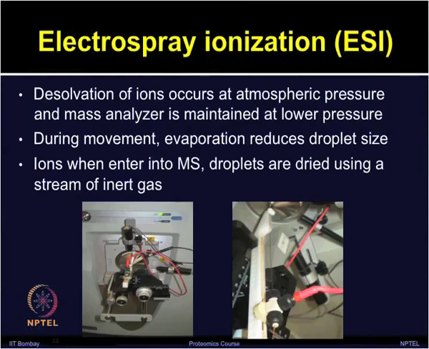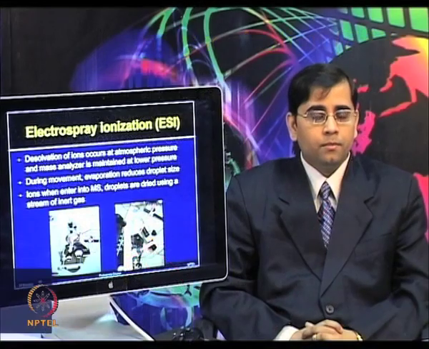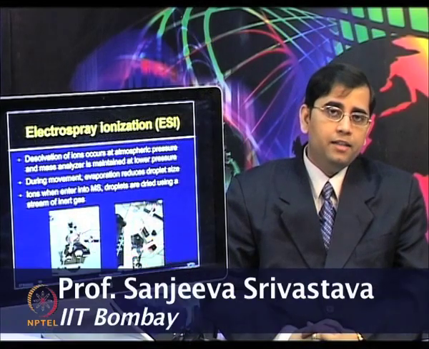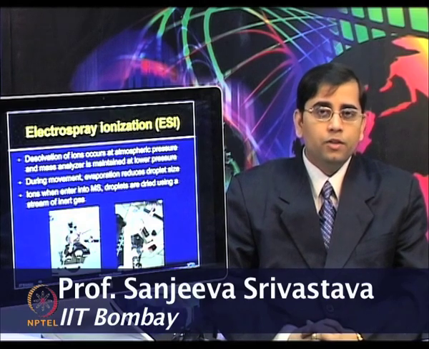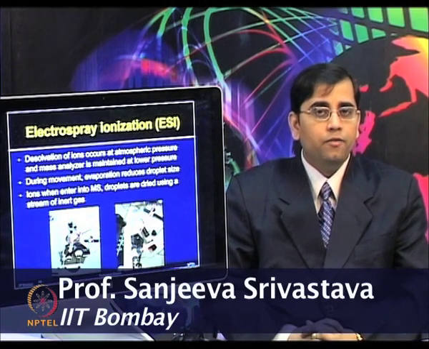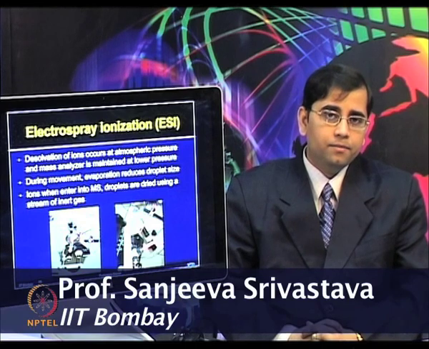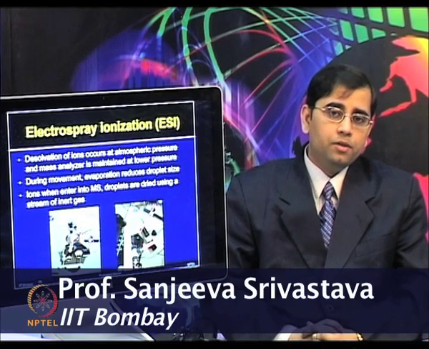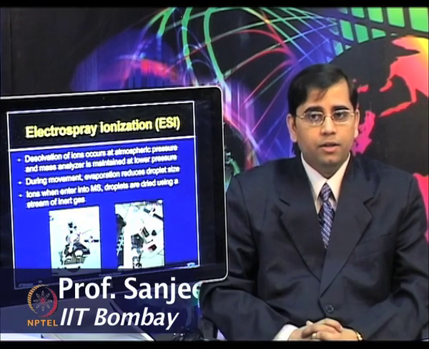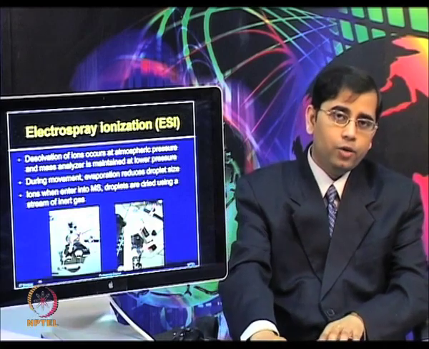During movement, evaporation reduces the size of the droplets and then they split into smaller charged droplets. When ions enter the mass spectrometer, the droplets are dried using a vacuum of inert gas, which results in gas phase ion acceleration through the analyzer towards the detector.